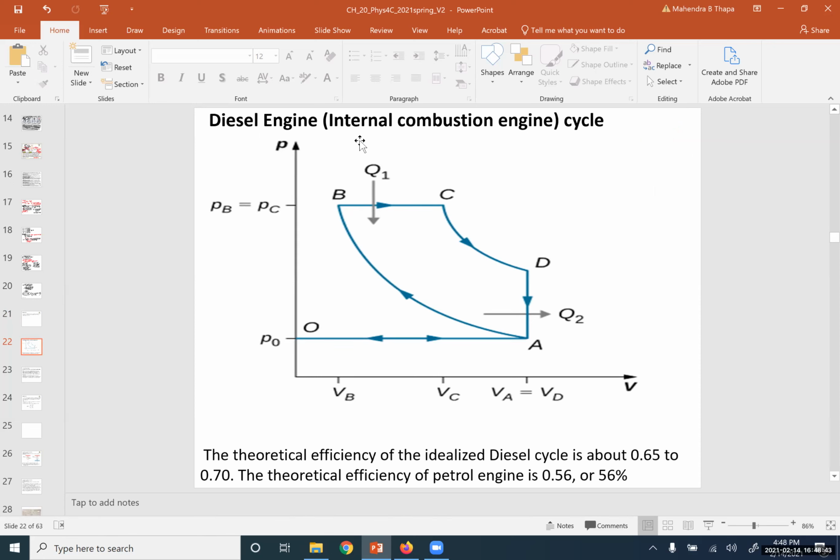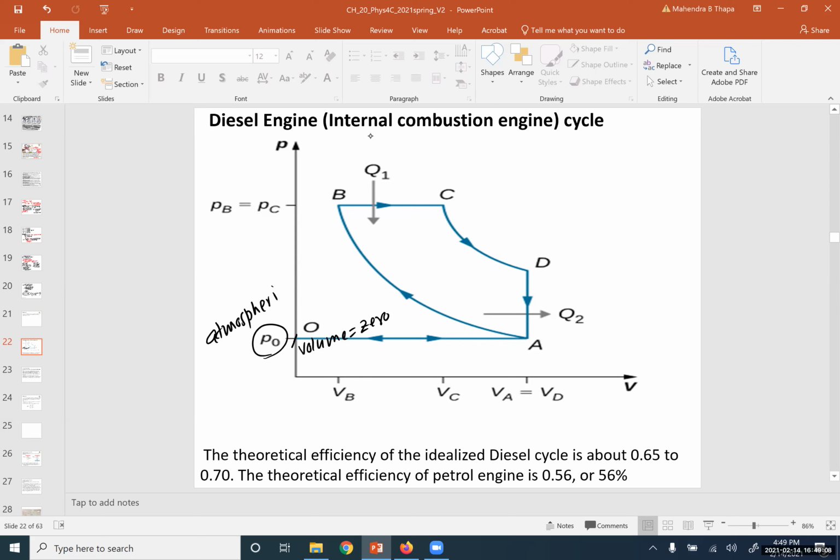This also is an internal combustion engine, and it also goes through the same cycle. But if you look here, the PV diagram is slightly different. In what sense are they different? Initial volume started from here. Here you see volume starting at that time is equal to 0, and this pressure is the atmospheric pressure.